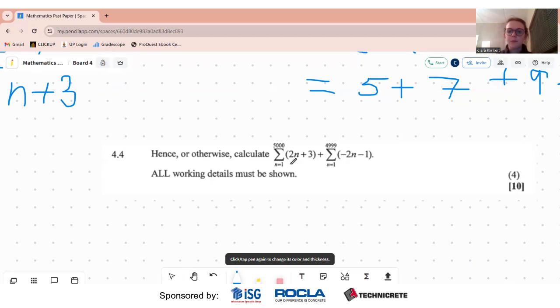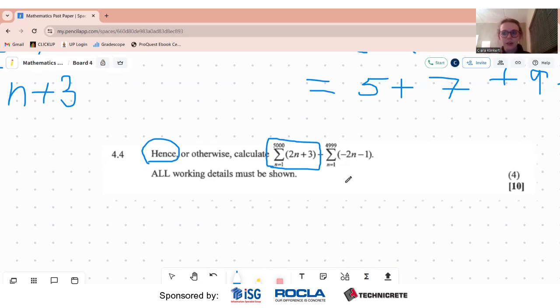It would take you a very long time to calculate these sums. And they've also said hence. Whenever they use hence in a maths paper, it means that you must use what you have just figured out. Do you agree we actually just found an expansion for this? So I'm thinking we need to use that expansion again.